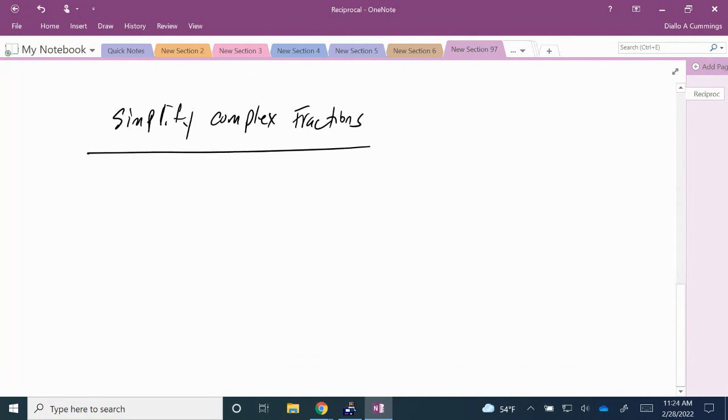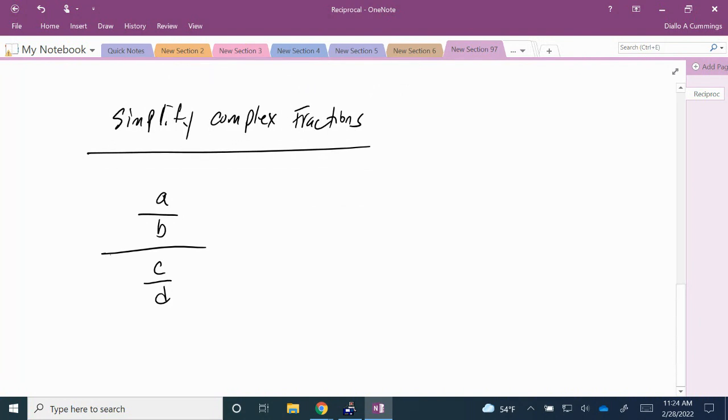For example, A divided by B, all divided by C divided by D. This is the setup for a complex fraction.